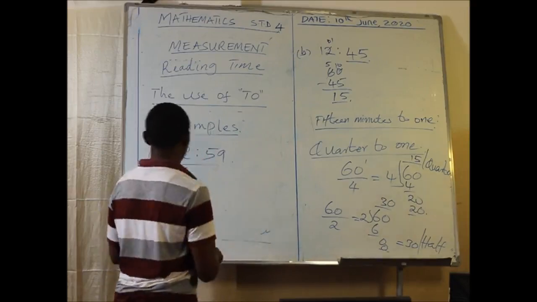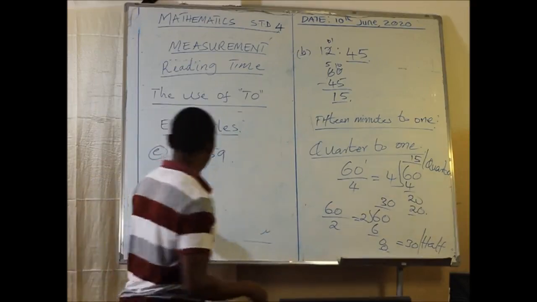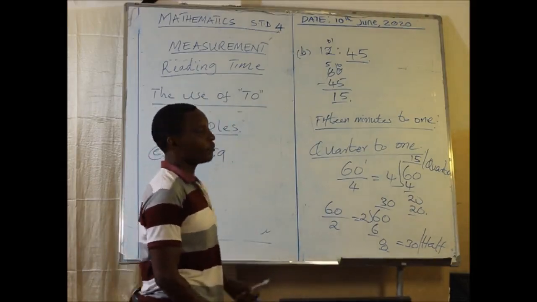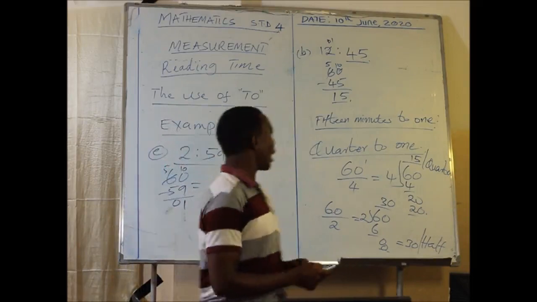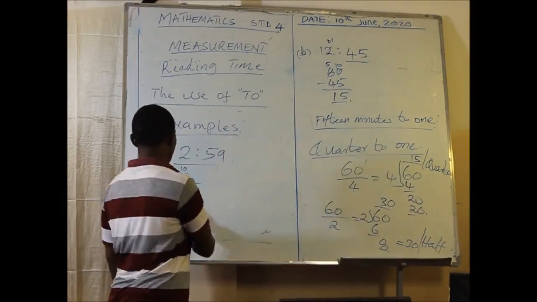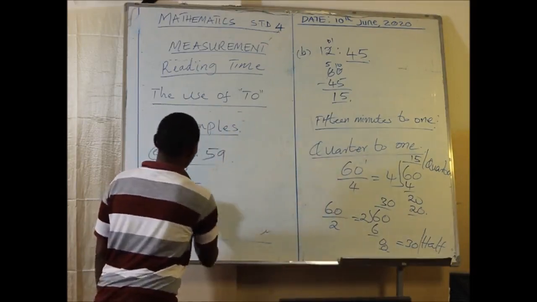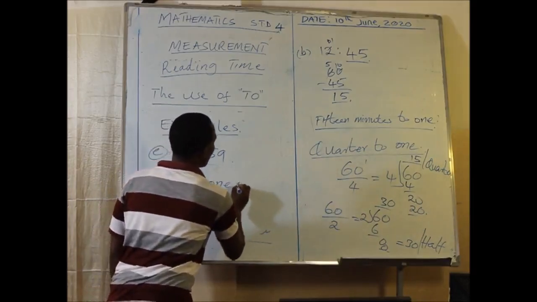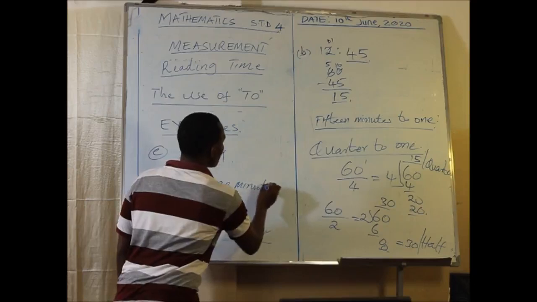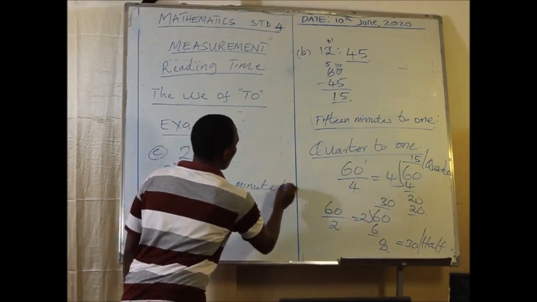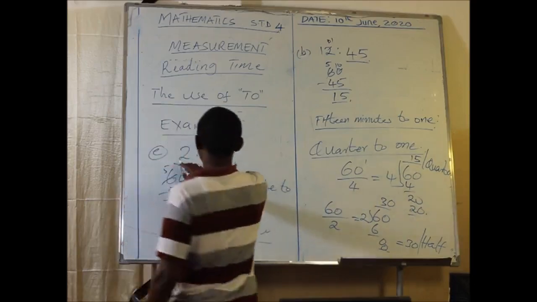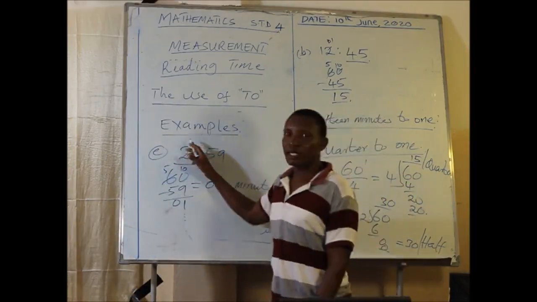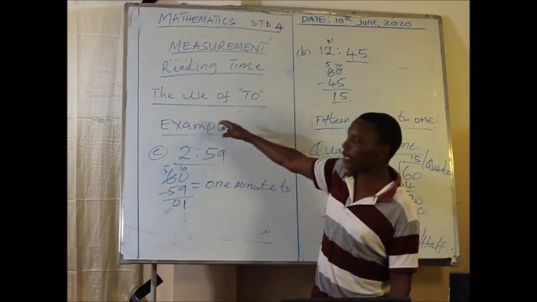So the time is equal to, as I said, you must start with the minutes. When you are telling time, you have to start with the minutes. How many minutes are remaining? It is 1 minute to what? You come back to the time, check the time, it is 2, which means you mention the next time.